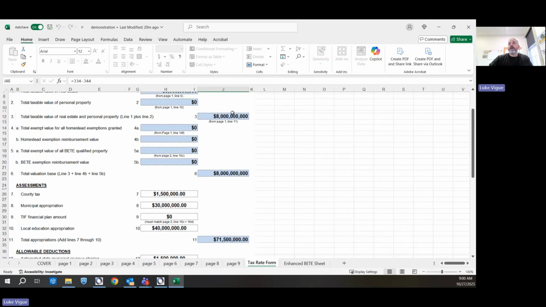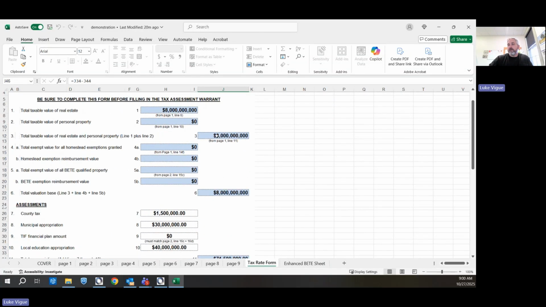One, your value has to come down while everyone else's stay the same. Another way to put that is your piece of the pie, the part of this total value represented by your value, has to come down. So if your value comes down, everyone else's stay the same, your tax bill is going to come down.